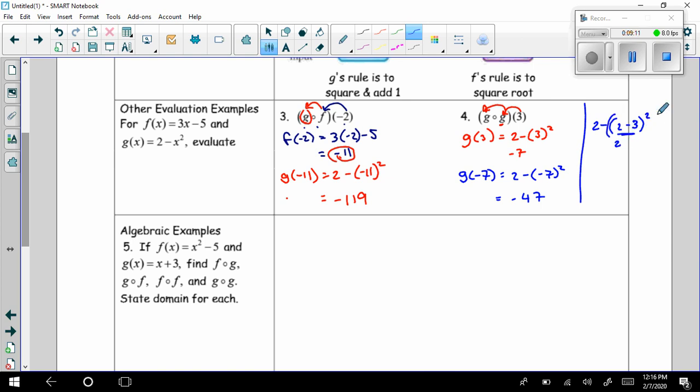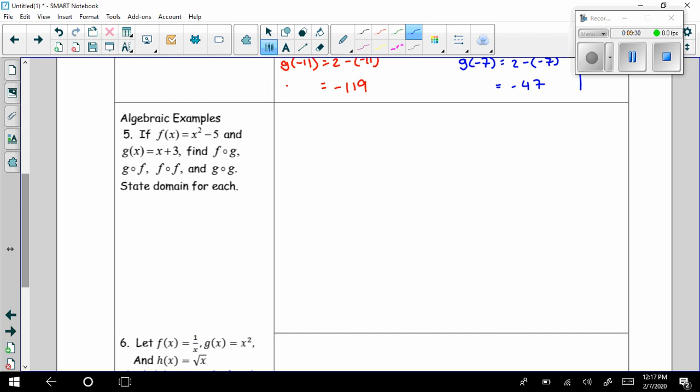Actually, we need to square this twice if you do that. So it gets a little muddled, but you're welcome to try to do it that way. There's a lot of parentheses. Anyway, I wouldn't mess with that with just regular numbers. Sometimes when you have variables, you have to do that, like what we're getting ready to practice here.